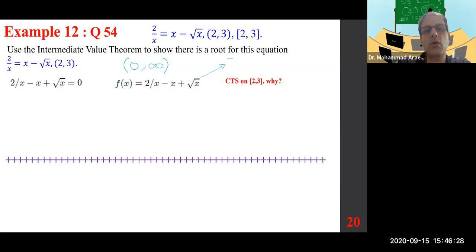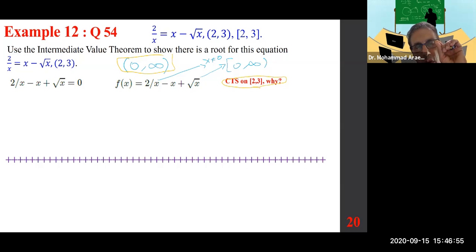For this one it would be 0 to infinity. For this one, x can't be 0, and for minus x there is no restriction. That's why the answer becomes this. So if the function is continuous from 0 to infinity, it is continuous from 2 to 3.